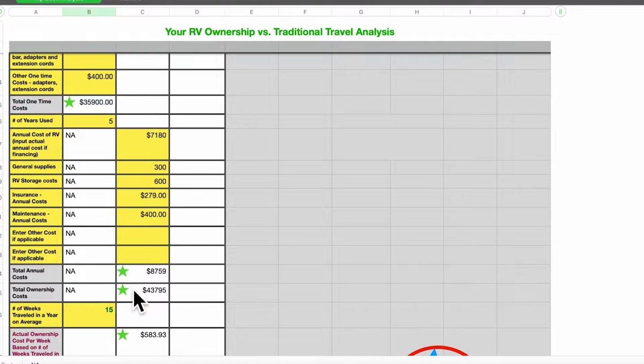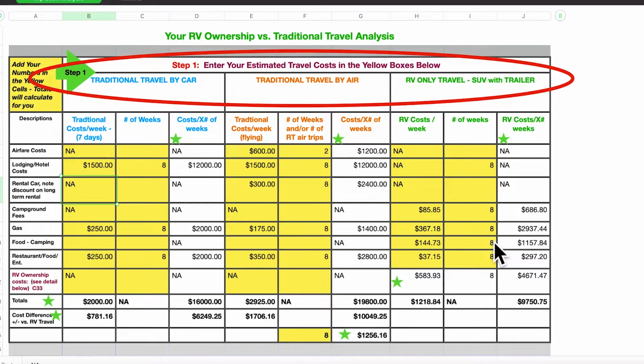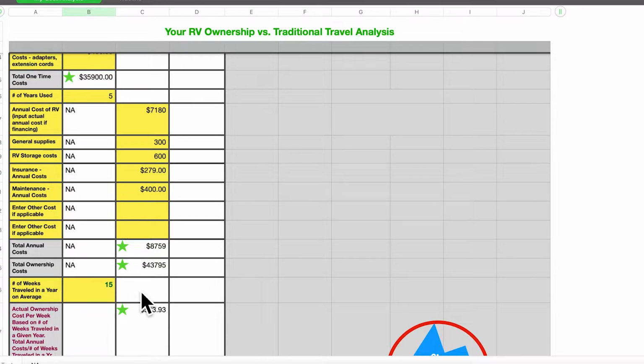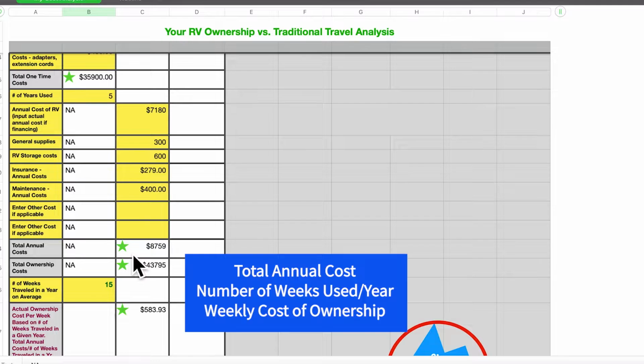And then over the course of the life of the RV, or the amount of time we're financing it, we'll take the annual cost, multiply it by the number of years used to come up with a total ownership cost. Now what we also need to do is come up with an ownership cost per week. And you'll notice above in the analysis we traveled for 8 weeks. However, this is one trip. My husband and I actually travel 15 weeks a year. Since we travel 15 weeks a year, to come up with a cost per week, we're dividing our total annual cost by 15.